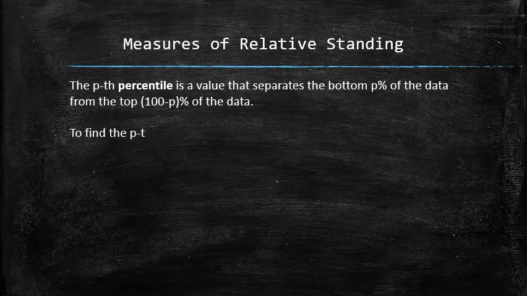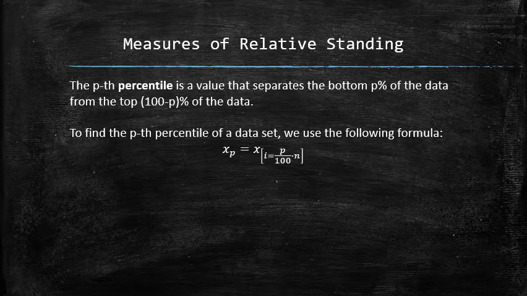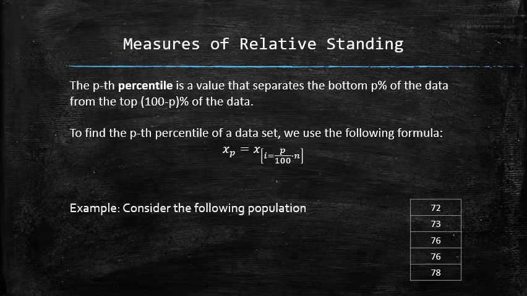To find the pth percentile of a dataset, we use the following formula. In this formula, n is the size of the dataset, p is the desired percentile, and i is the index of the observation that we are trying to find. For example, consider the following population. Before we proceed any further, make sure that the data is organized in ascending order.